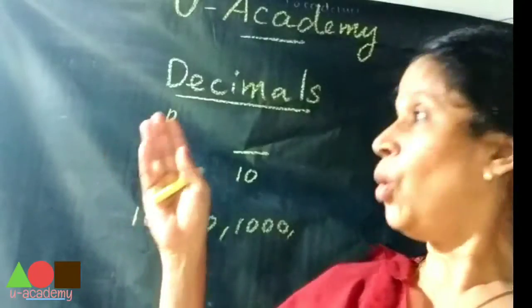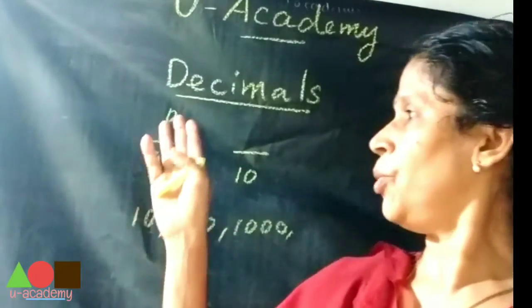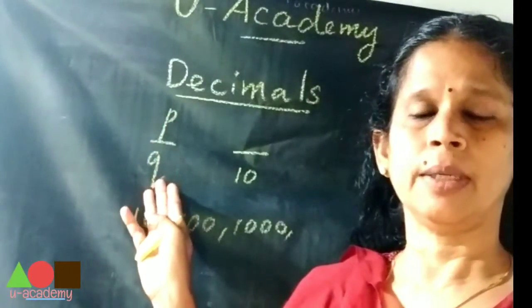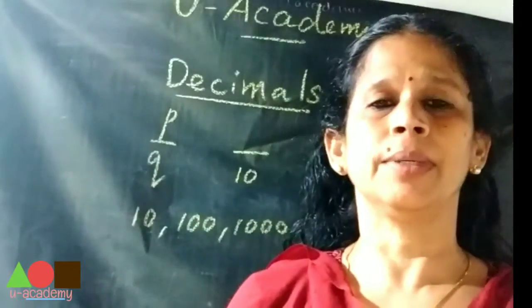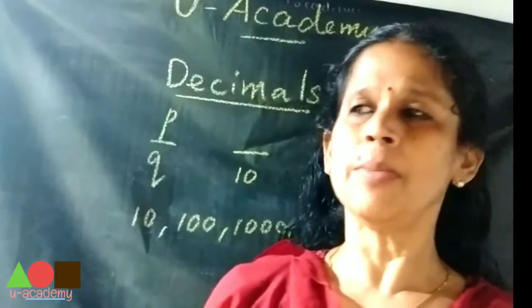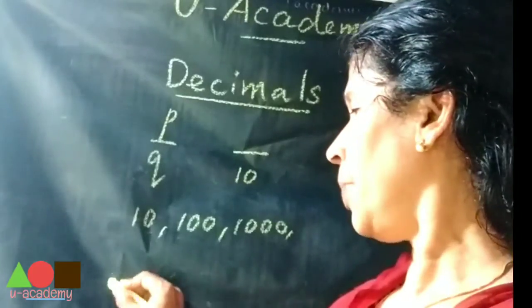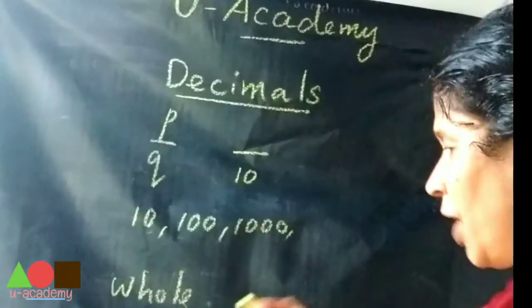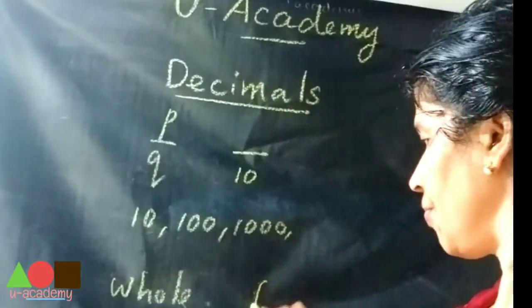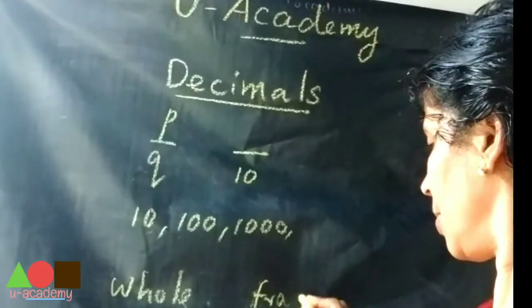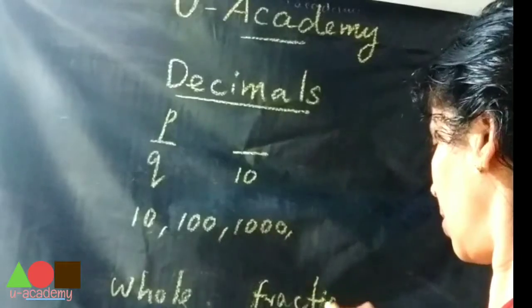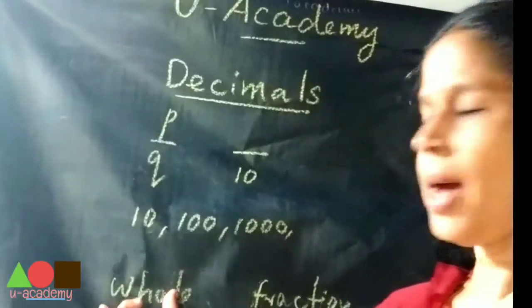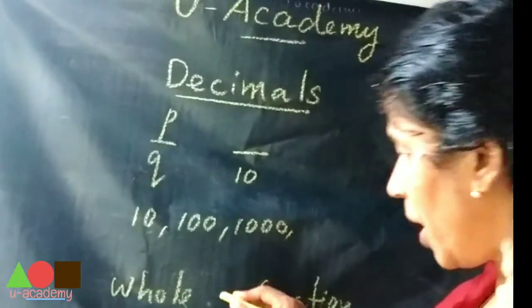So we know how to write the fraction number, right? Numerator by denominator. How to write the decimal number? So a decimal number we can write as whole number part and the fractional part, separated by a dot.